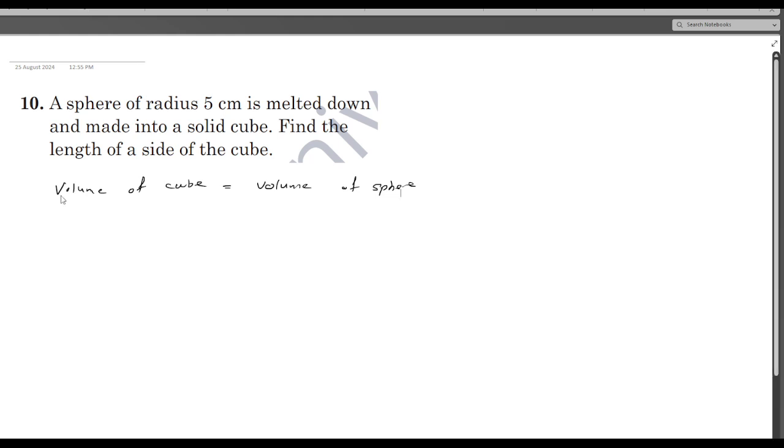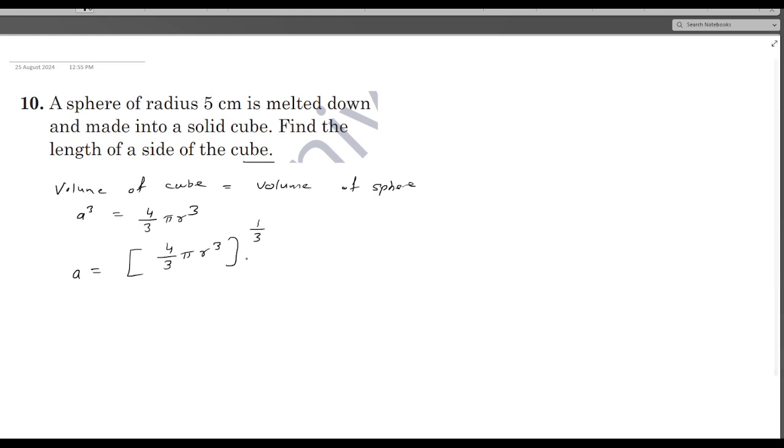Now volume of cube is side cube, a cube, and volume of sphere is 4 divided by 3 times pi r cube. For sphere, radius is already given and I have to find out the length of the side. So length of the side a will be equal to 4 divided by 3 pi r cube, to the power 1/3. So a is 4 divided by 3 times pi times 5 cube, whole power 1 divided by 3.